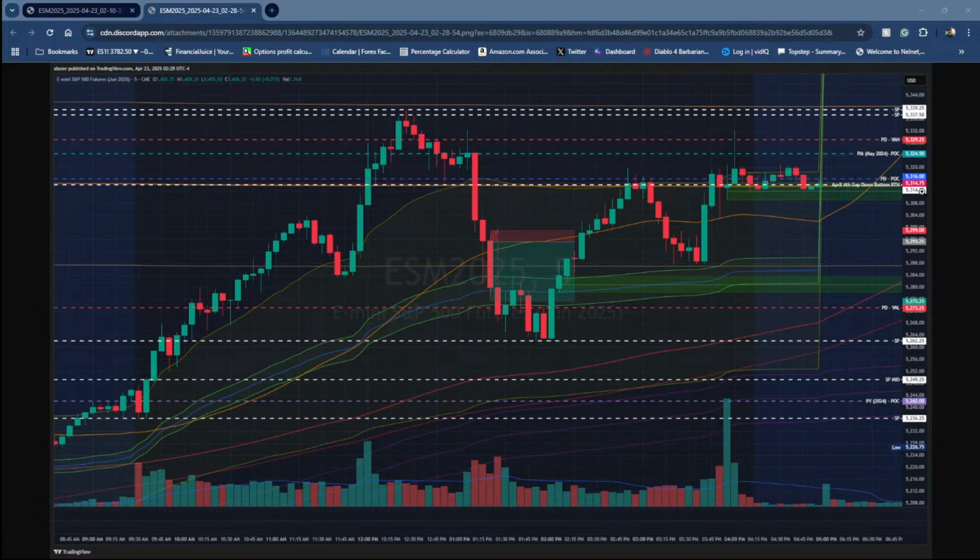Yeah, I don't understand this trade. I don't even know where to go. You think it was a single print?